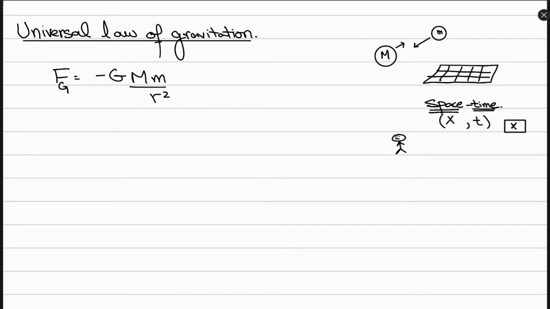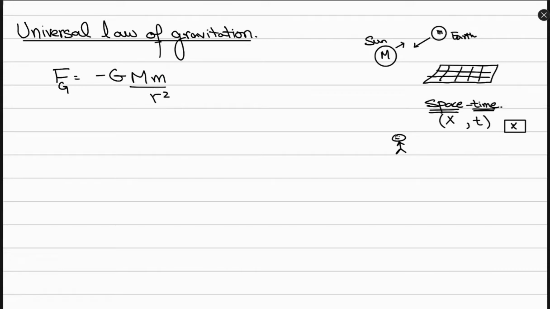So for example, if you consider a sun-earth system, then the main source of gravity is due to the sun, because the earth is in orbit of the sun, right? So the capital M is the source mass, which is the mass of the sun in this case, and small m is the test mass, which is orbiting the sun. We call it a test mass, and so that's the mass of the earth in this case.